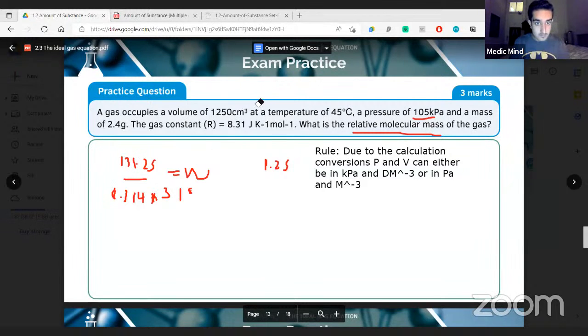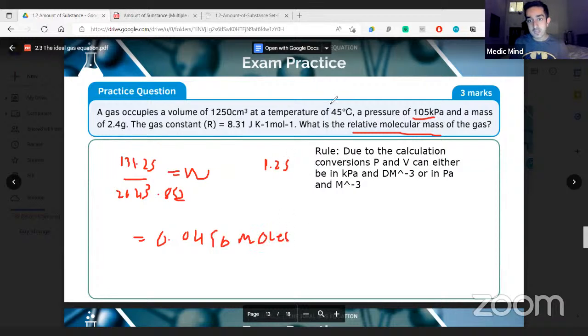And at the bottom, you've got 2,643.852. Now you just do the calculation, 131.25 divided by 2,643.852, and you basically get 0.0496 moles.